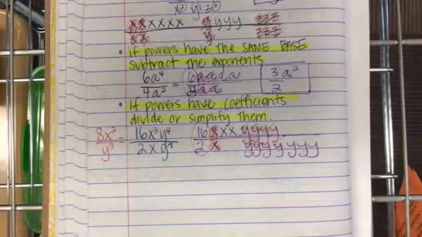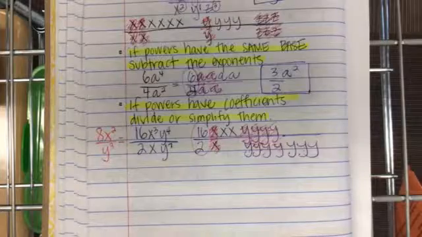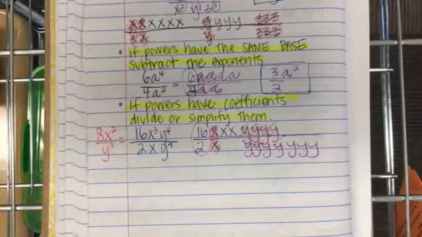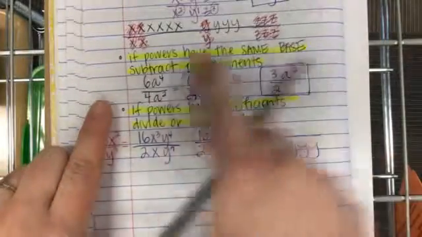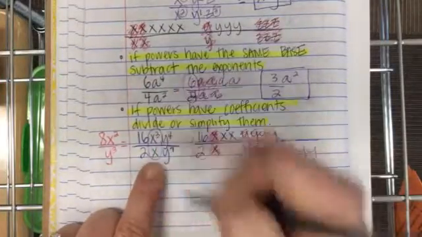Now here's the question I think you were asking. You were saying something about when do you put them in the bottom. So let's do the math. Let's use our rules. If powers have the same base, subtract the exponents, right? Okay, so let's look. Right here, the same base. What are you going to do?